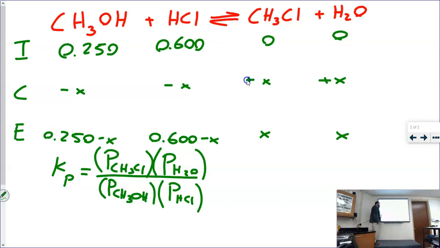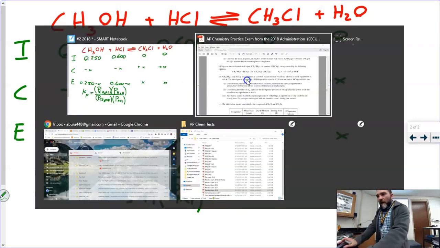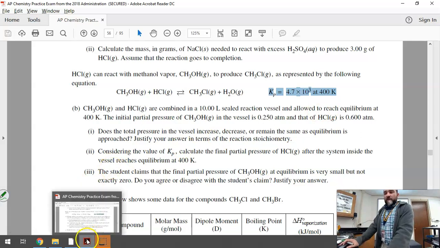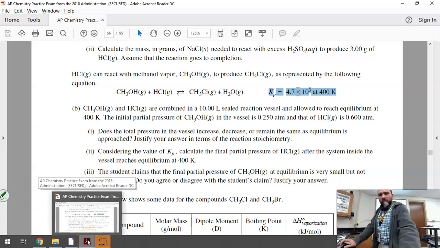That's my setup. Now the algebra here is going to get a little ugly, but we can take advantage of something. We can take advantage of the value of K. Let's go back to the problem and look at K. K is 4.7 times 10 to the 3. That's a big number. Okay, that's 4,700. That's way bigger than 1, right?